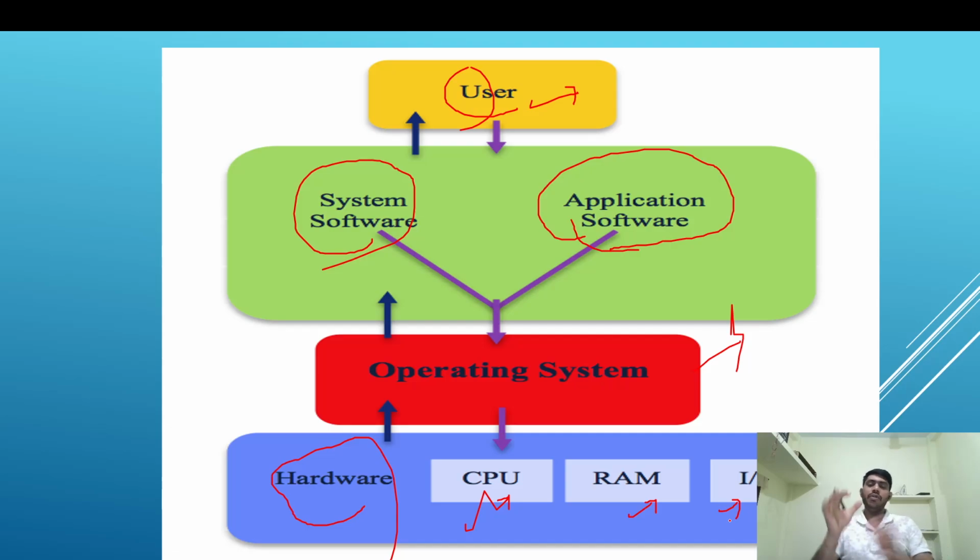You can see how it is interlinked. The user is using system software, otherwise the operating system, and it has the connection to the hardware: CPU, RAM, IO. So whatever operation is performed will be based on this. Clear my point?